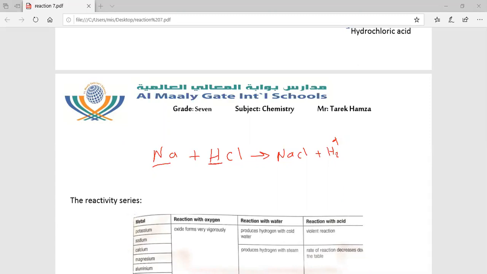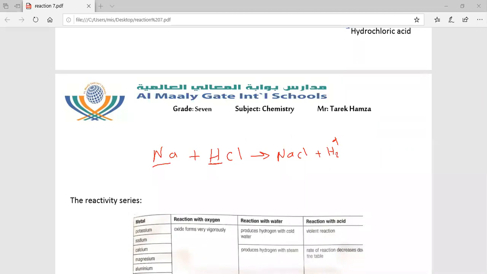Again, sodium, this action is a displacement reaction. What's the meaning of displacement reaction? Any metal in the chemical reactivity series can displace the element under it in reactivity.